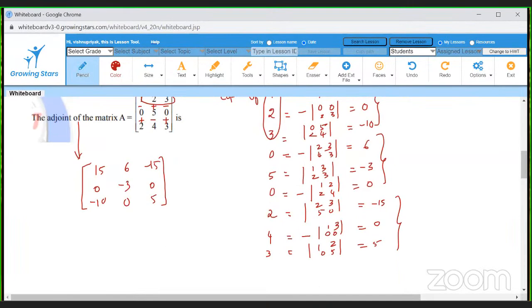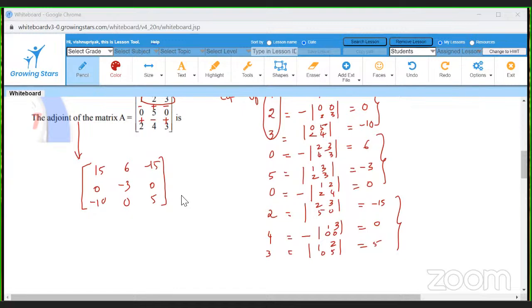Like this you will write. Is that clear? So this is the adjoint matrix.